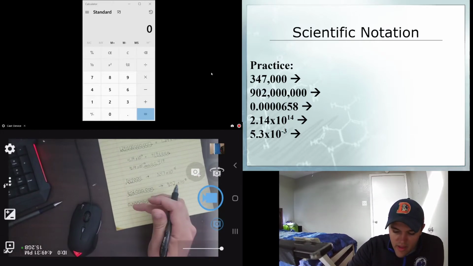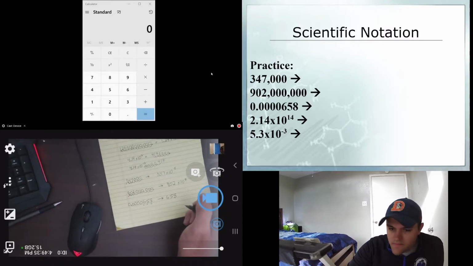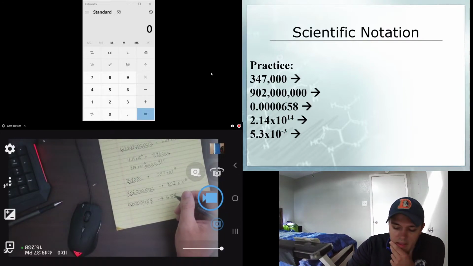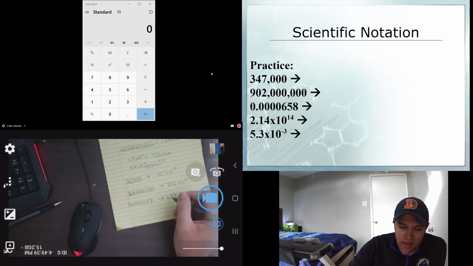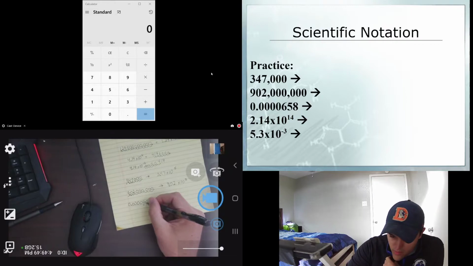So none of them count. So it's only the 6, the 5, and the 8. And then in order to put our decimal spot in the right place, it has to be between 1 and 10, so it's got to go right here after the 6. So we're putting it in right here.